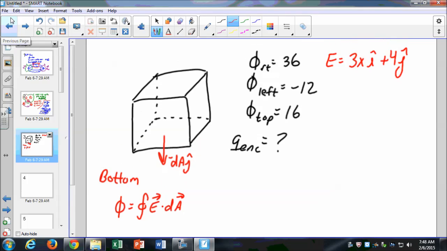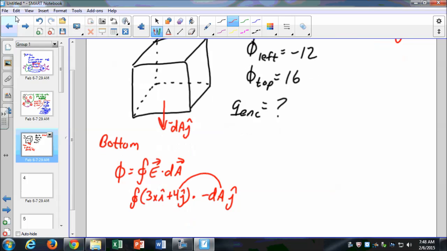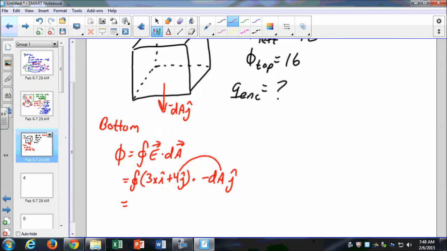All right, so I do the surface integral of 3xi plus 4j dotted with negative dAj. And then these are the only two, so I get a flux of negative 4 integral dA.